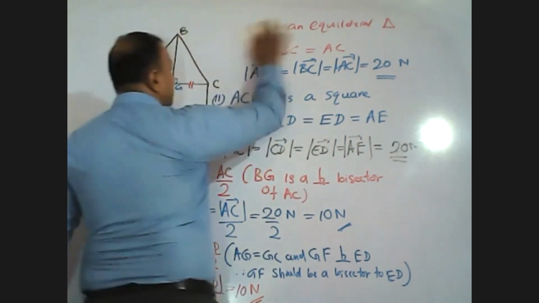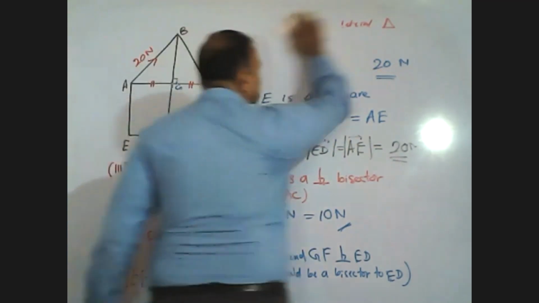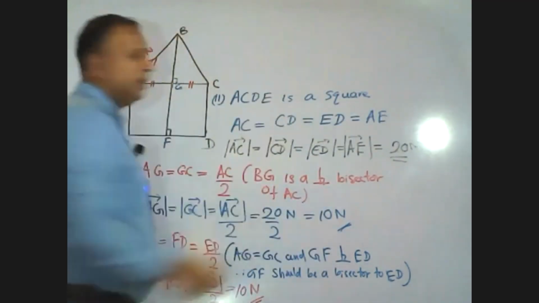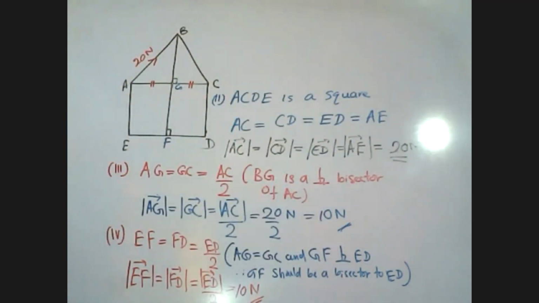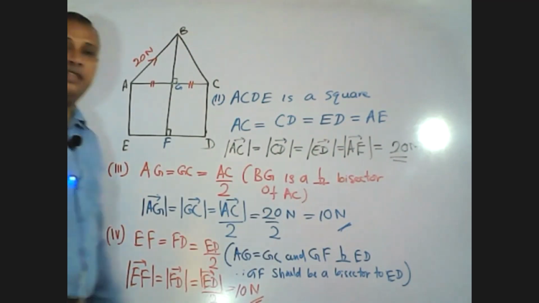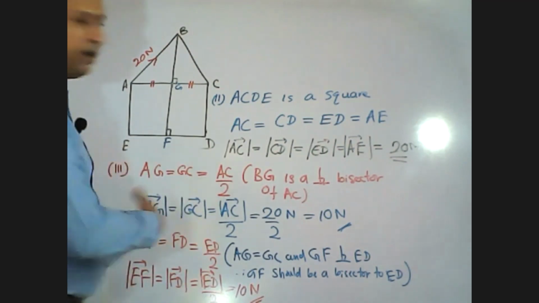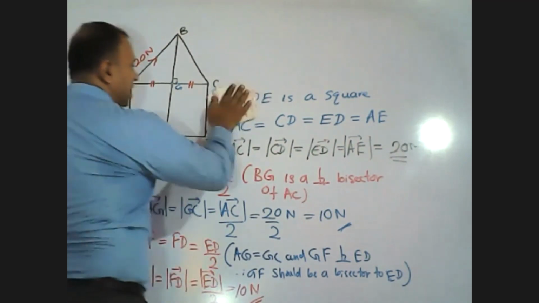Then I will clear this one. Then I need to find the fifth one, BF and BG. How to find that one? That is the most important part.